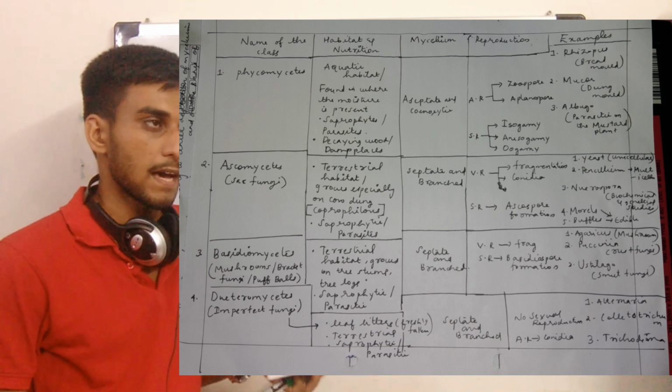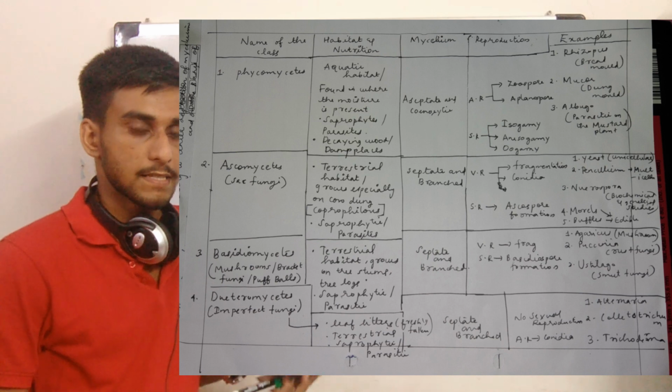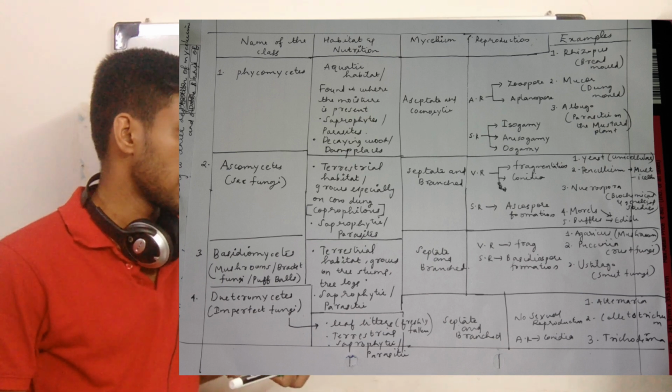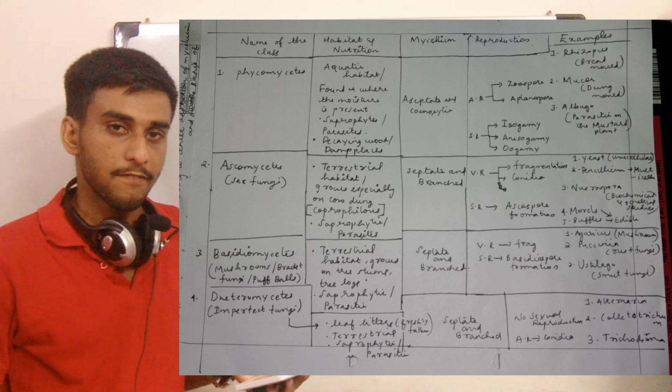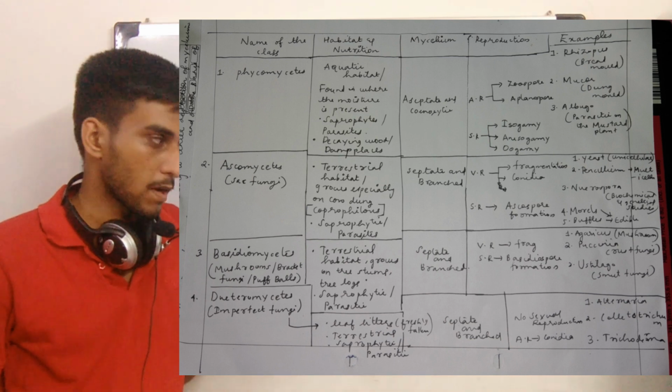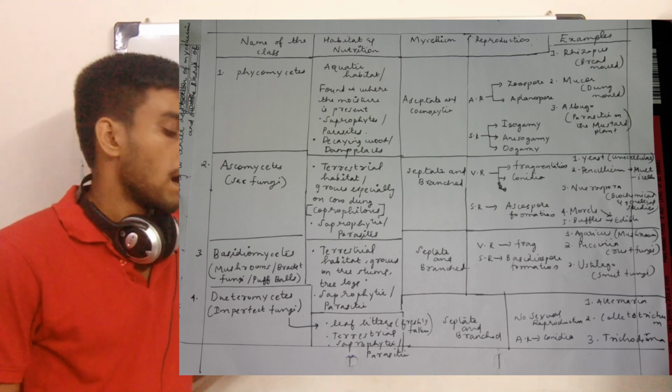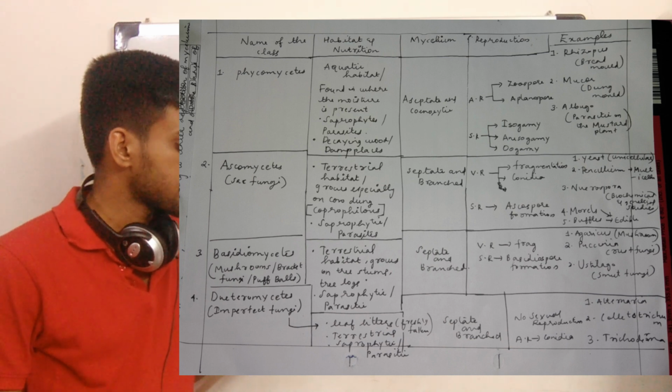Here it is known as the ascus. The ascus is usually in the shape of a sac. Thus the organisms which belong to this group are known as sac fungi.